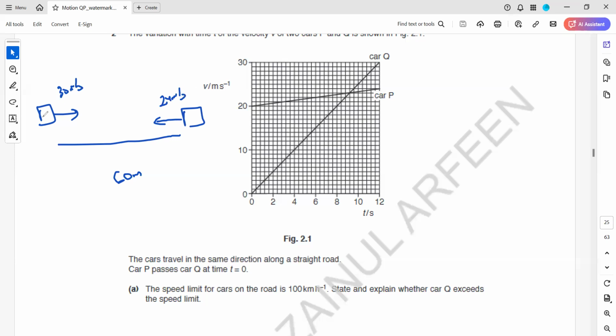What will the relative speed be? I will take the relative speed as 54 meters per second, because both are moving towards each other. That's why when two cars are moving in opposite directions on the highway, they appear to be moving much faster compared to their actual speed, because that is a relative speed. So in that case, the relative speed will be 54.